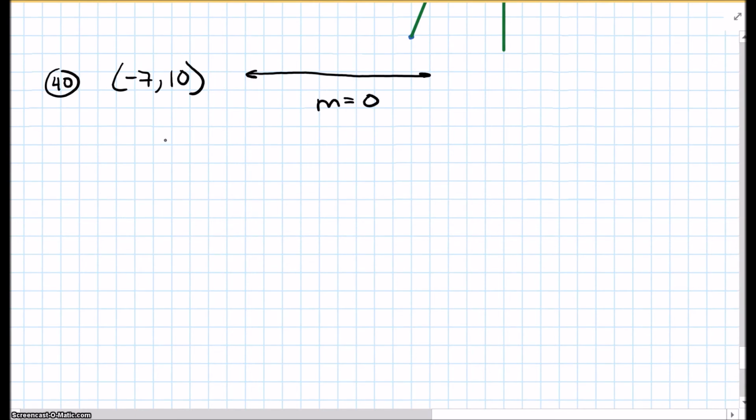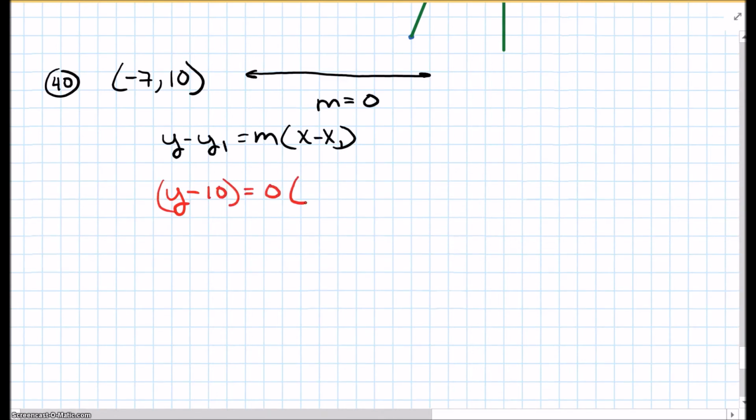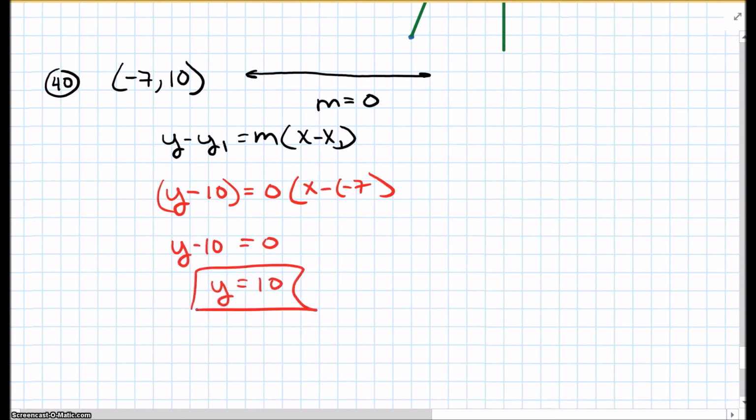If you're not sure, just plug it in. y minus y1 equals m times (x minus x1), so y minus 10 equals 0 times (x minus negative 7). So you get y minus 10 equals 0, and then y equals 10. You could have just seen that it was horizontal, so it was going to be y equals the y value there, but you just take it through your steps.